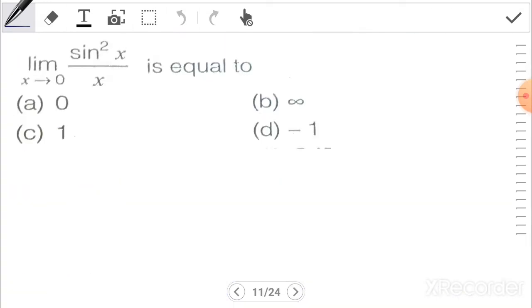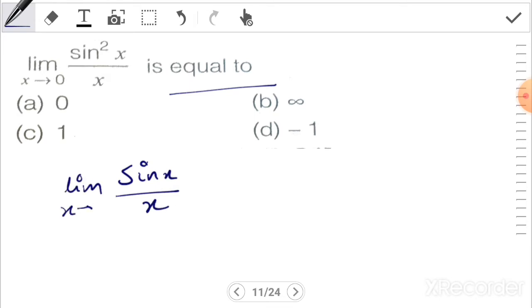So next question is limit x tends to 0 sine square x is equal to. So see, this is the problem on limit, and we know that sine x by x, limit x tends to 0 is equal to 1. Yes.